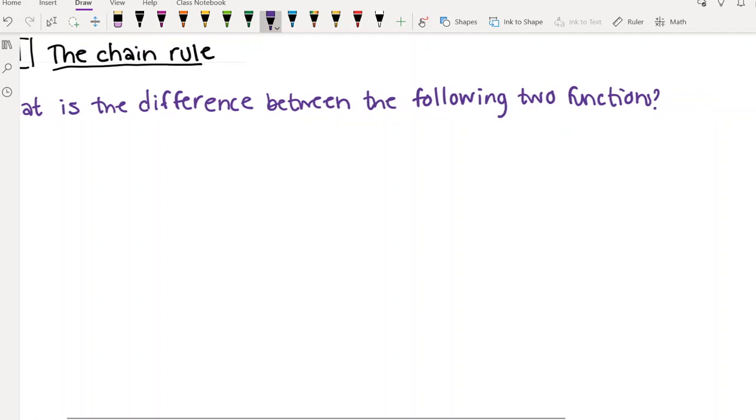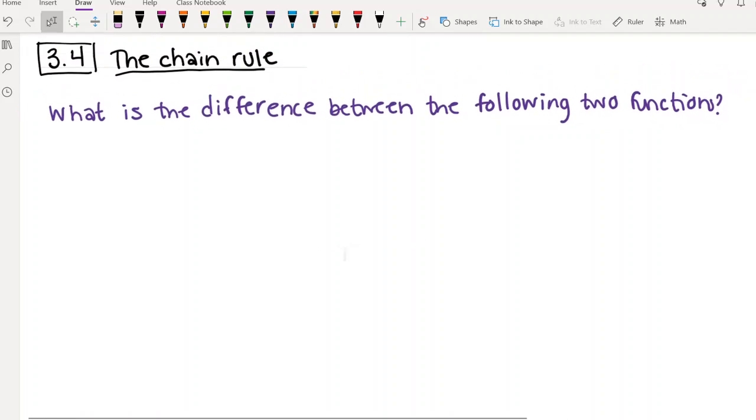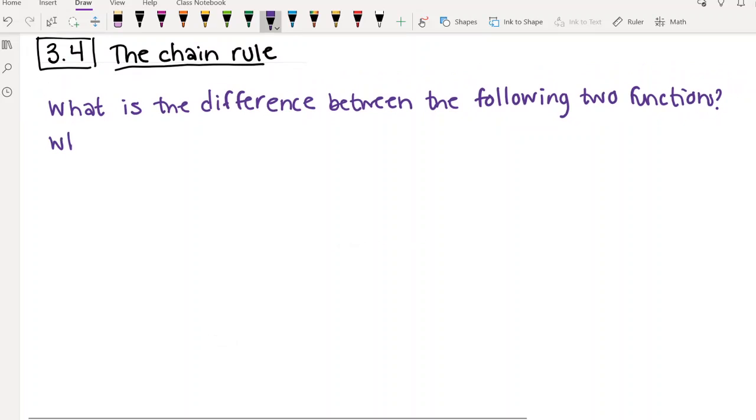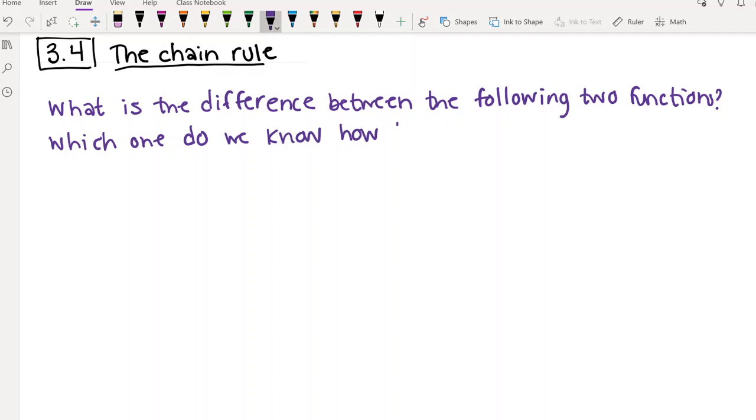Sorry, the screen is kind of stuck. There we go. Okay. Which one do we know how to, and I'll just say differentiate, right? Differentiate is the verb form. It's basically a one-word way of saying take the derivative.